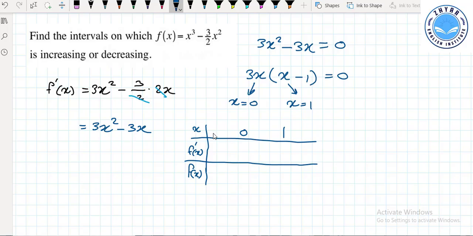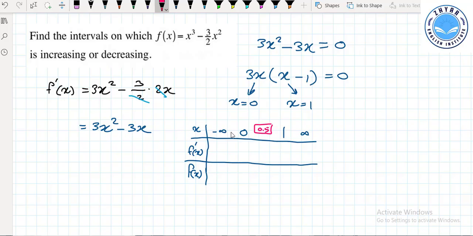Here on the left side of 0 we have negative infinity, on the right side of 1 we have positive infinity, and between them we're going to take a number for testing, let's say 0.5. This is a test number. I'm going to put it in a square so later by mistake, I'm not going to write 0.5 in any of the intervals. Less than 0 is negative infinity, but I cannot input negative infinity here.